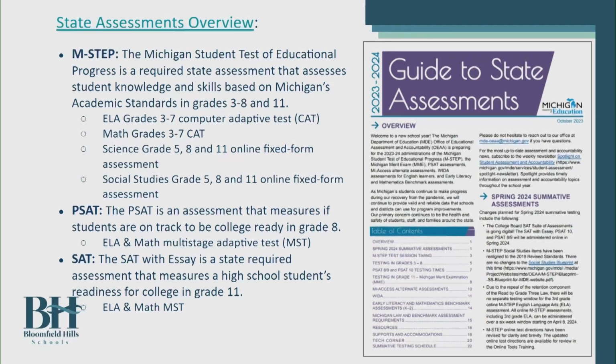So it's a little bit different. It's not as adaptive. And that measures if students are on track to be ready for college. And then the SAT is the same sort of assessment this year, the multi-stage adaptive test that's given in 11th grade. And that measures students' readiness for college.